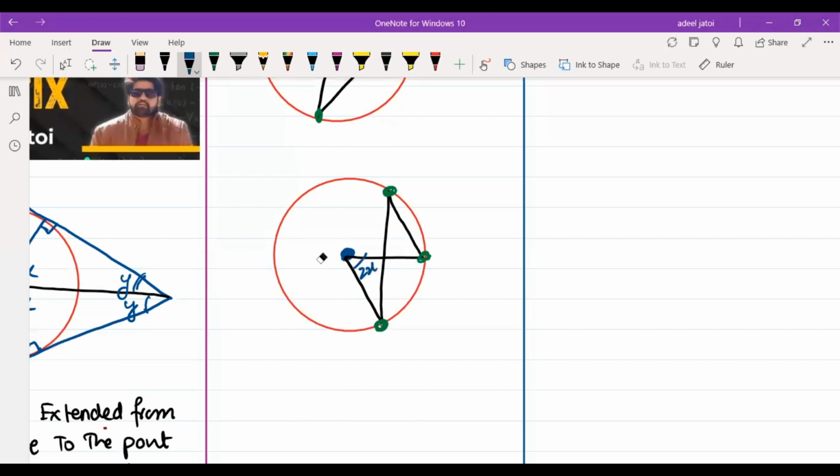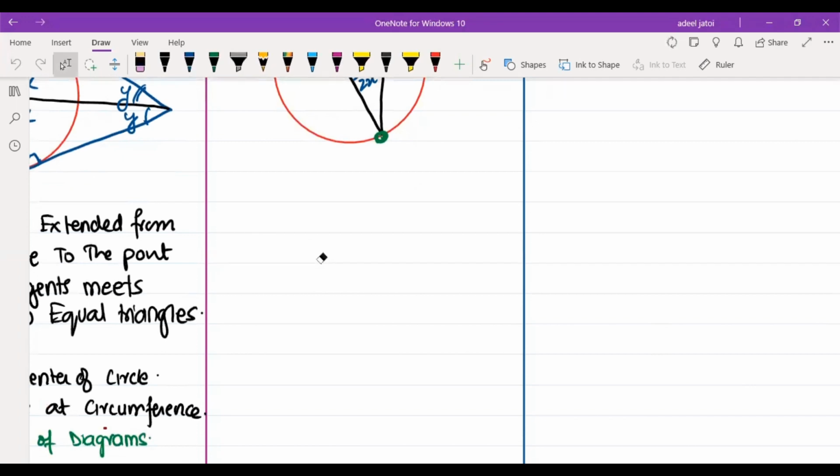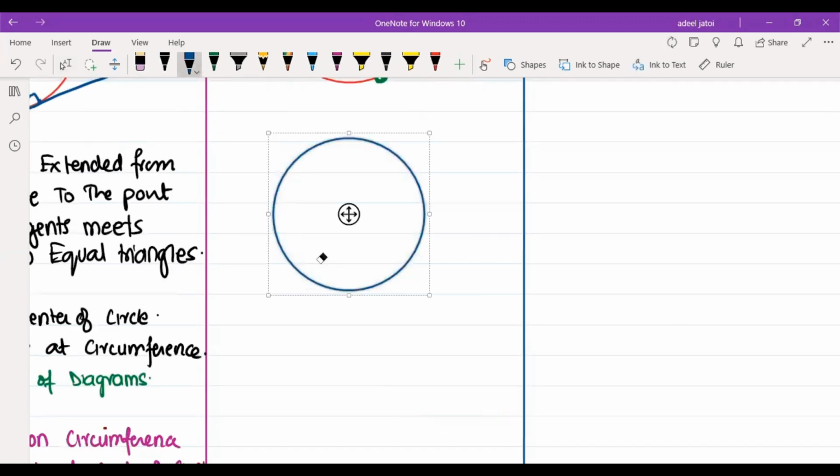Let's say this is 2x, this is x again. The third type of shape has the center of the circle again. If you note, the line will be extended from the radius.